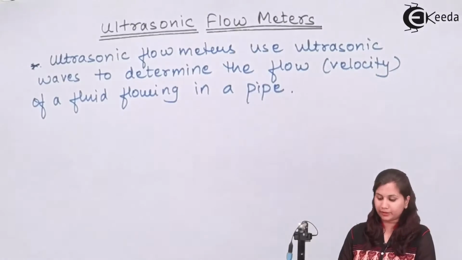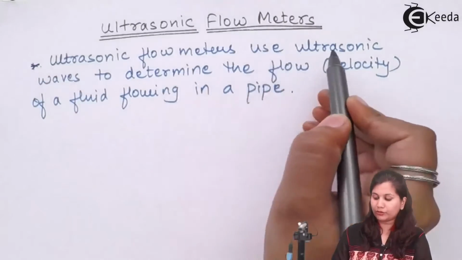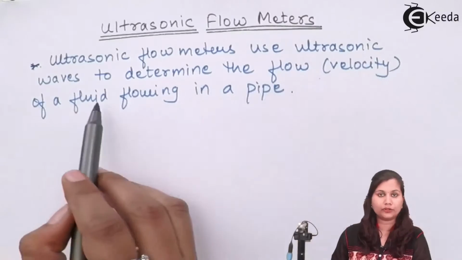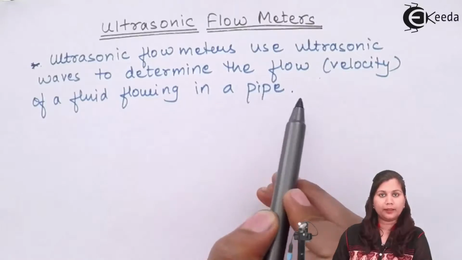So these flow meters are going to use the ultrasonic waves to determine the flow or velocity of the fluid which is flowing in a pipe.